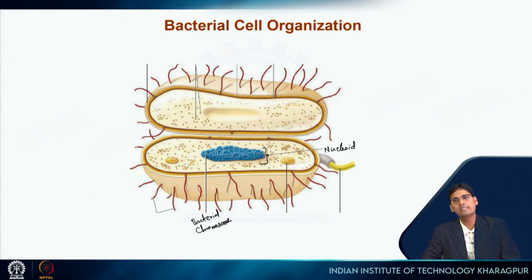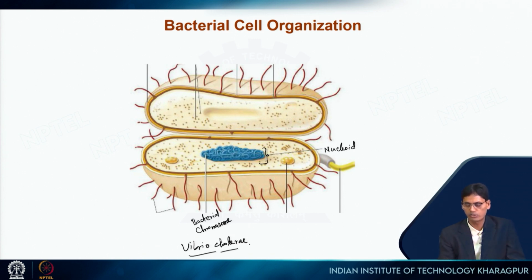Here I should mention that almost all bacteria have a circular chromosome, just one in number. Some exceptions are there. For example, Vibrio cholerae has 2 chromosomes. This is just an exception.